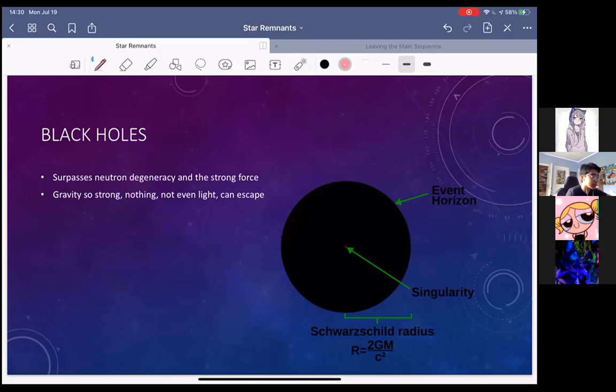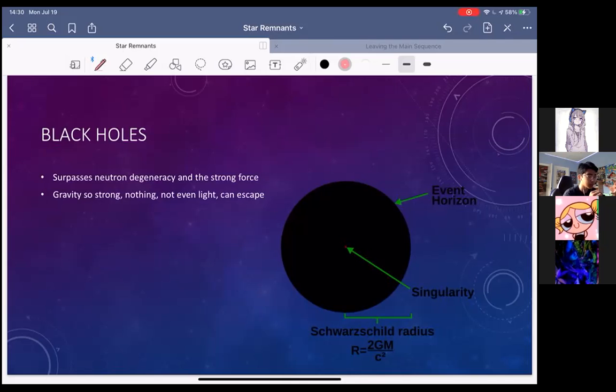We can't describe a singularity using fundamental particles, things like protons, neutrons, electrons, atoms. It's just a point of infinitesimal density. And that's what we call a singularity.